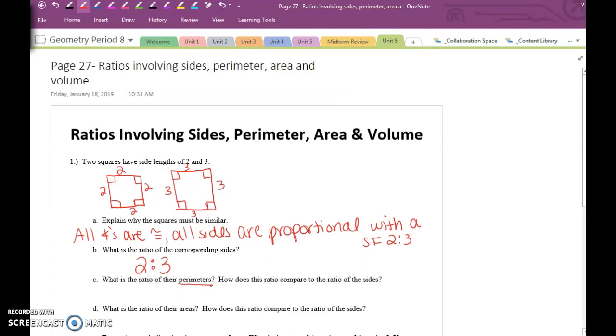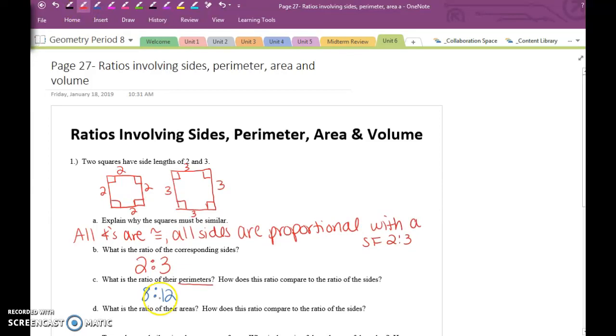Part C, what's the ratio of their perimeters? Pause the video and find the perimeters of each of those squares, please. If I add up all the sides of the smaller square, I get 8. If I add up all the sides of the larger square, I get 12. So 8 to 12. How does this compare to the ratio of the sides? Well, what number goes into both 8 and 12?